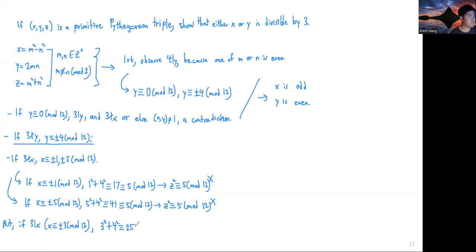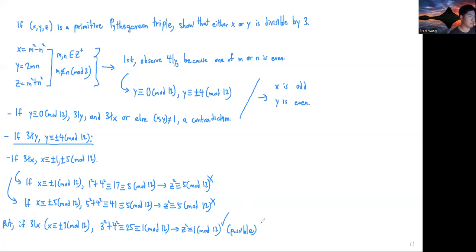But 25 is congruent to 1 mod 12. And z squared congruent to 1 mod 12 has a solution. It's possible. I'm not going to discuss what solutions it has. You can easily do that with the Chinese remainder theorem, but it works, right?